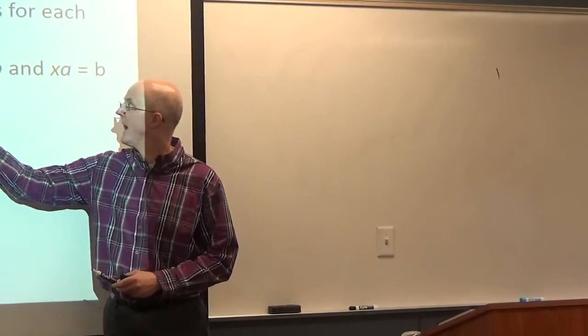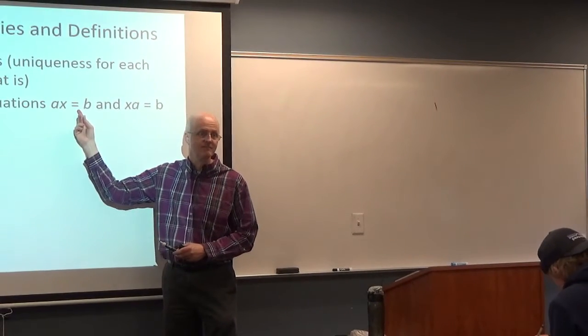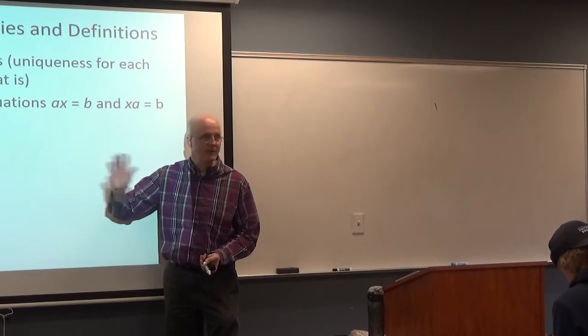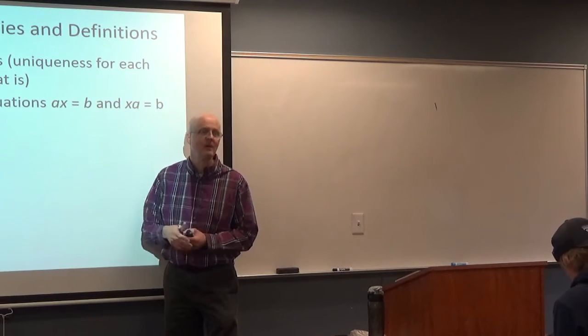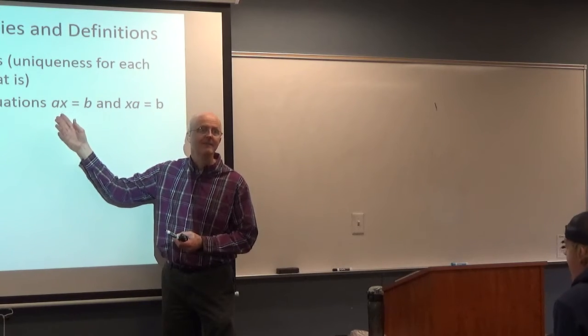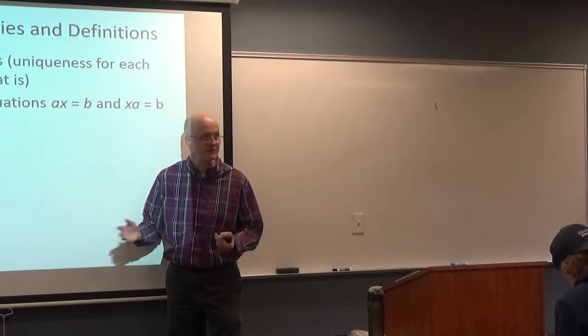Oftentimes in linear algebra, A is a matrix, and x and b are vectors. That's the most common thing to do with linear algebra, which is not what we're doing here because we're only dealing with elements from the same group. So the analogy in linear algebra would be that A, x, and b would all have to be matrices.